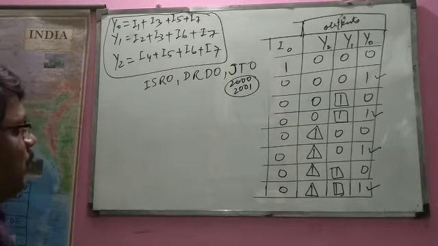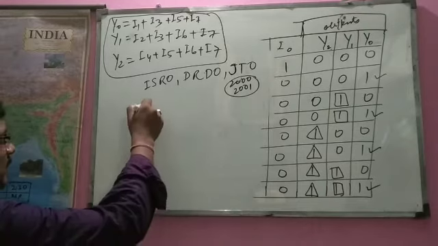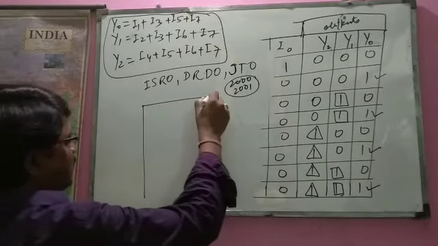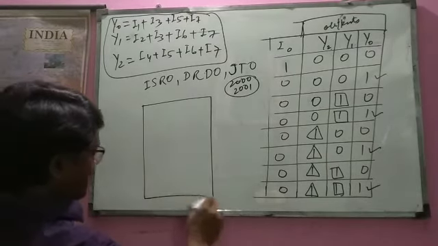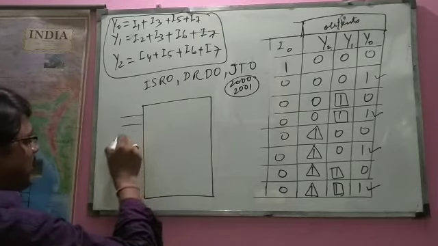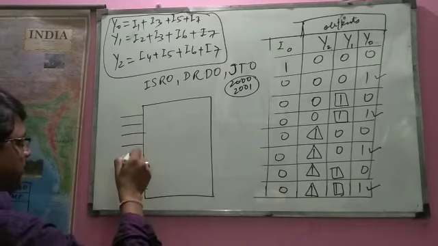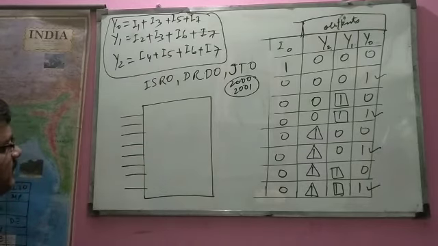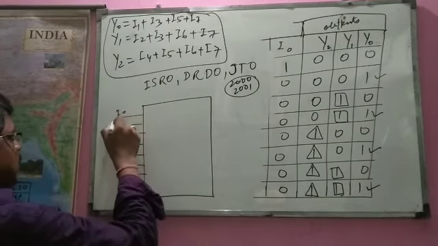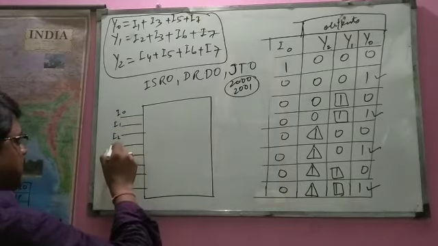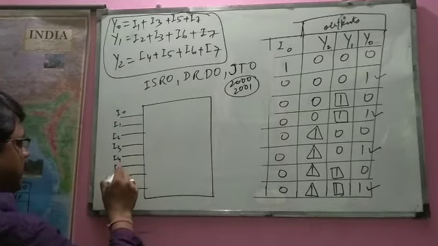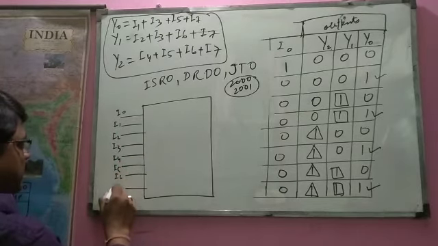let us suppose here you have 8 inputs, 1, 2, 3, 4, 5, 6, 7, 8. So this is I0, I1, I2, I3, I4, I5, I6, I7.